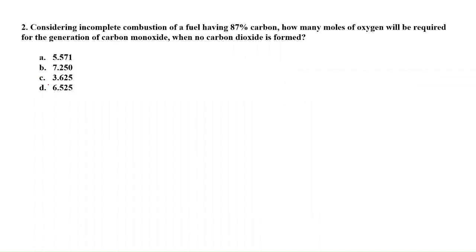The answer is C. Considering the incomplete combustion of a fuel having 87% carbon, how many moles of oxygen will be required for the generation of carbon monoxide when no carbon dioxide is produced?